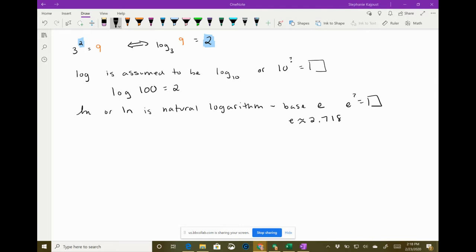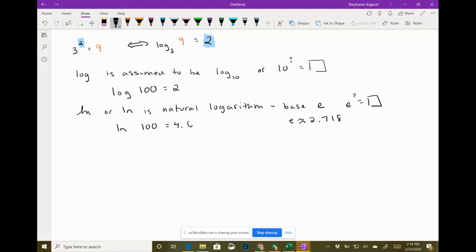So ln is the natural log, and so that is base E. And on your calculator, you'll see an ln button. Usually if you're taking a natural log of some number, like the natural log of 100, we don't know our powers of E, so you're going to get decimals. I have an ln button, and I just type in the 100 and I get a decimal value.